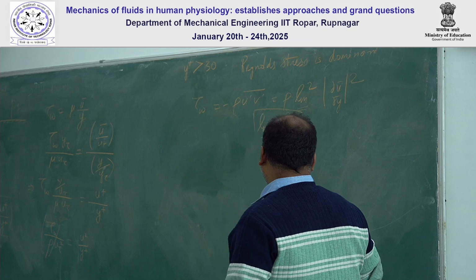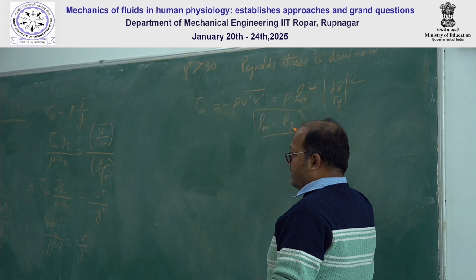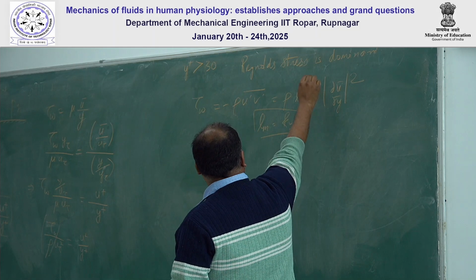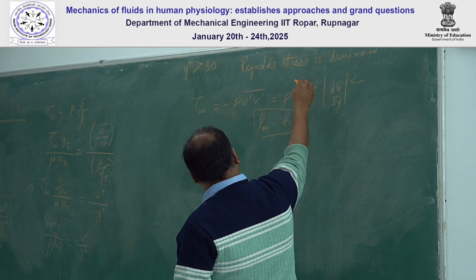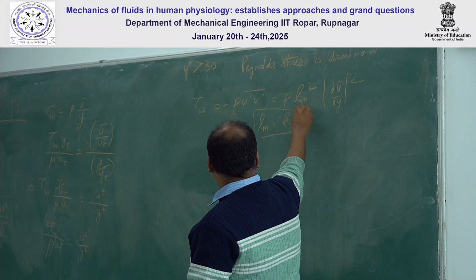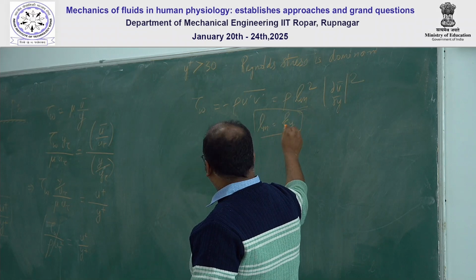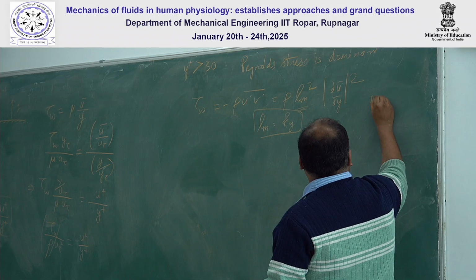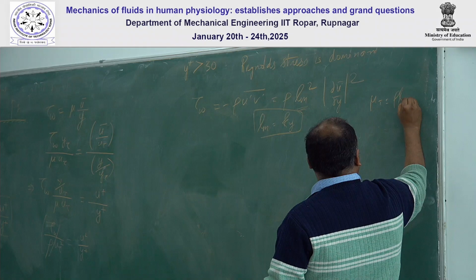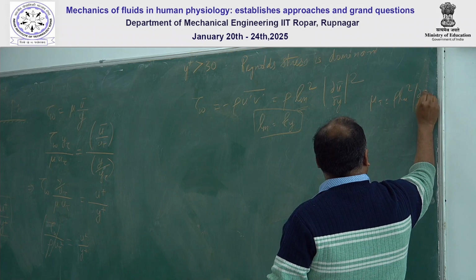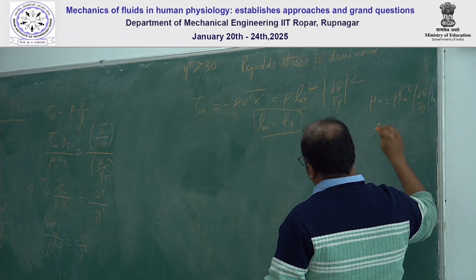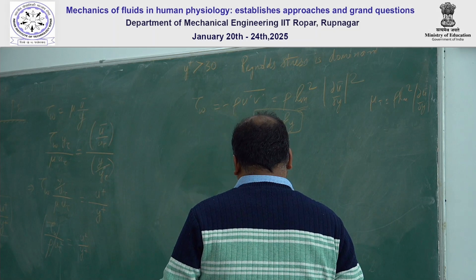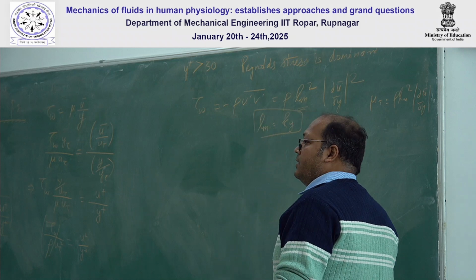As you can see, very near to the wall y is very small, so the mixing length is also very small. As we go away from the wall, y increases and l_m squared accordingly increases. So we are writing mu t equal to rho l_m squared del u bar by del y. This mu t is varying; it is not a constant material property like the typical fluid viscosity.